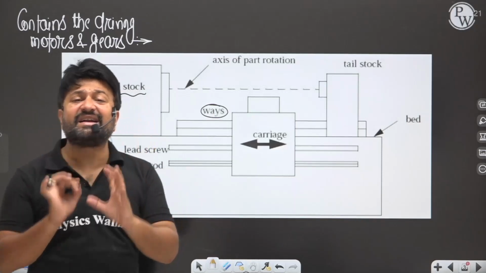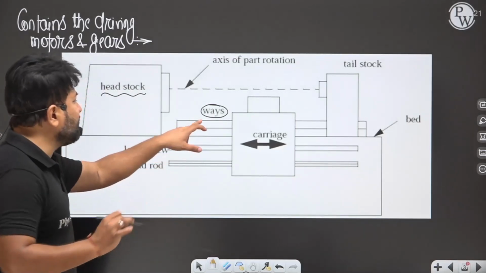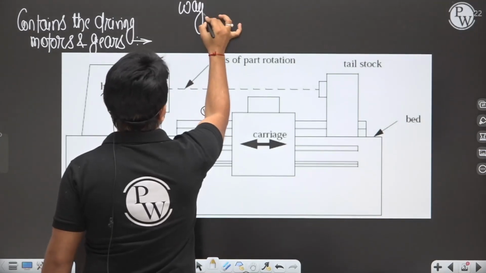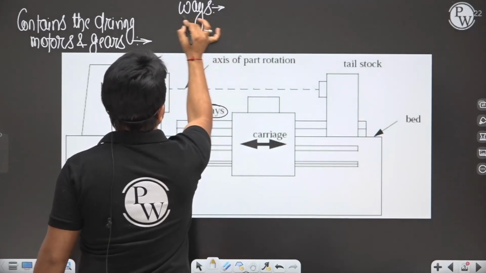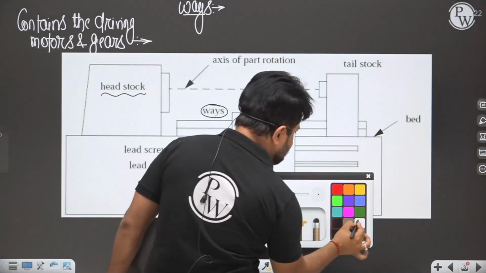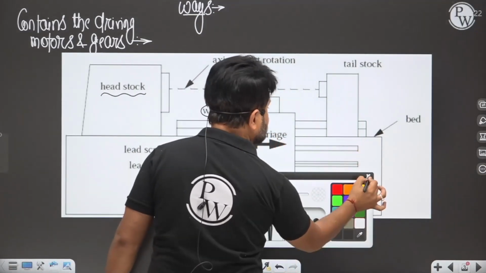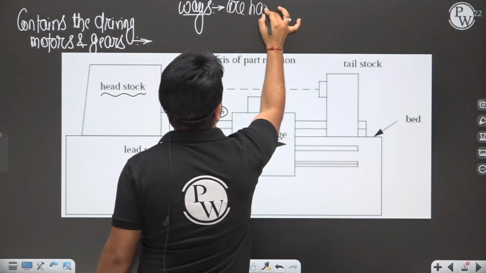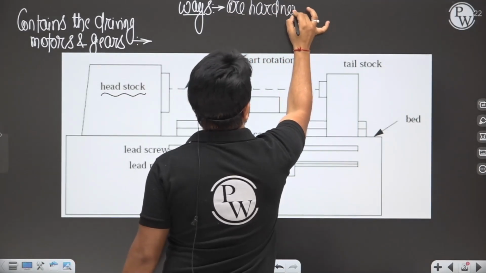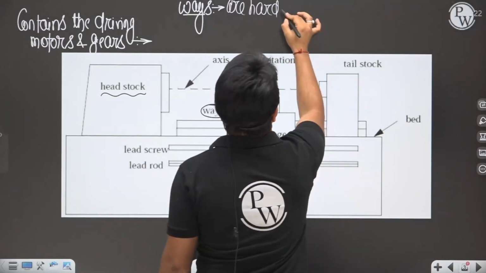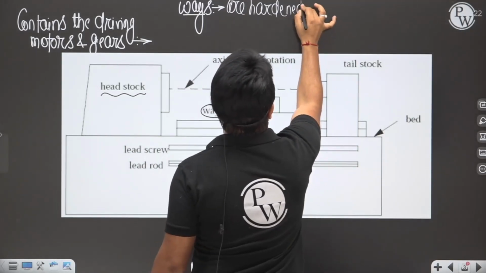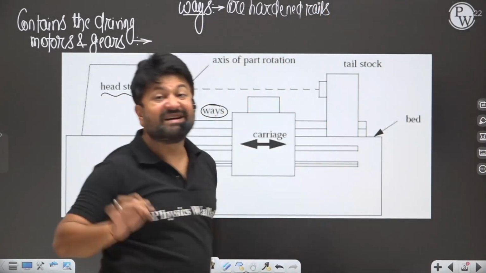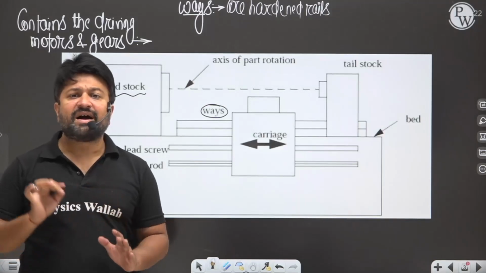Ways are hardened rails, right? These are hardened rails.